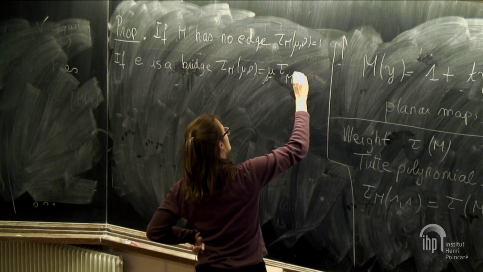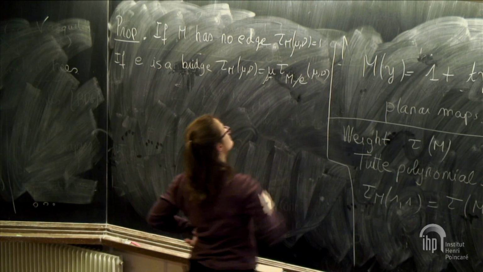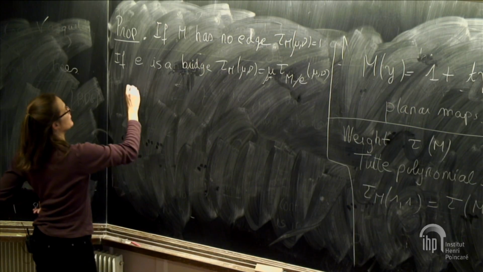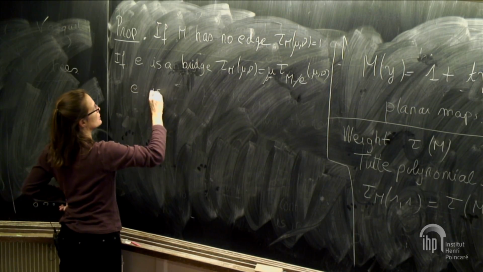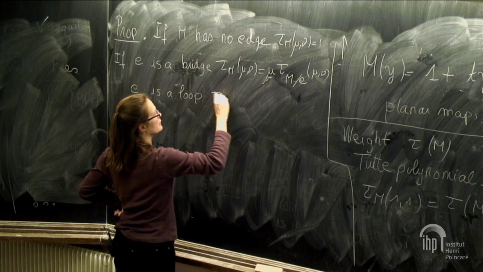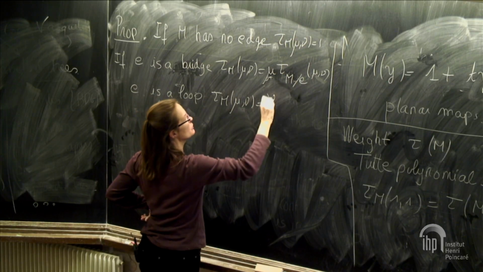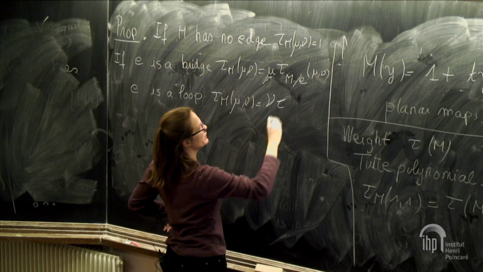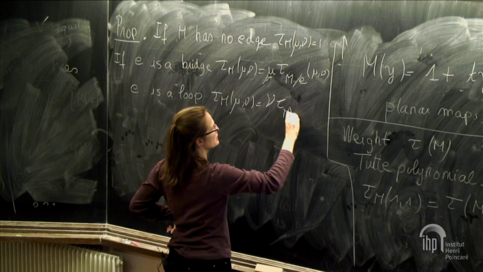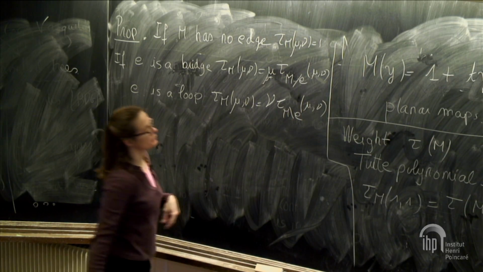Contraction I denote like that. And if E is a loop, then tau m is nu times the polynomial of the map where you have just deleted the loop.